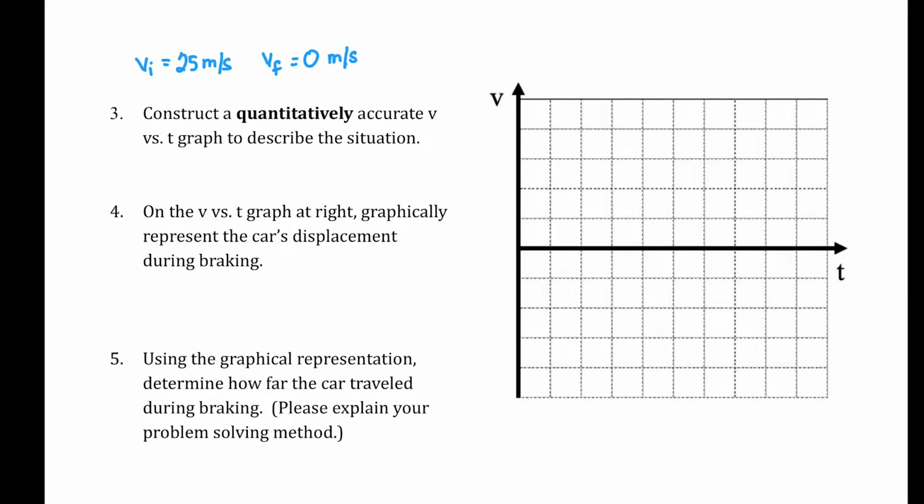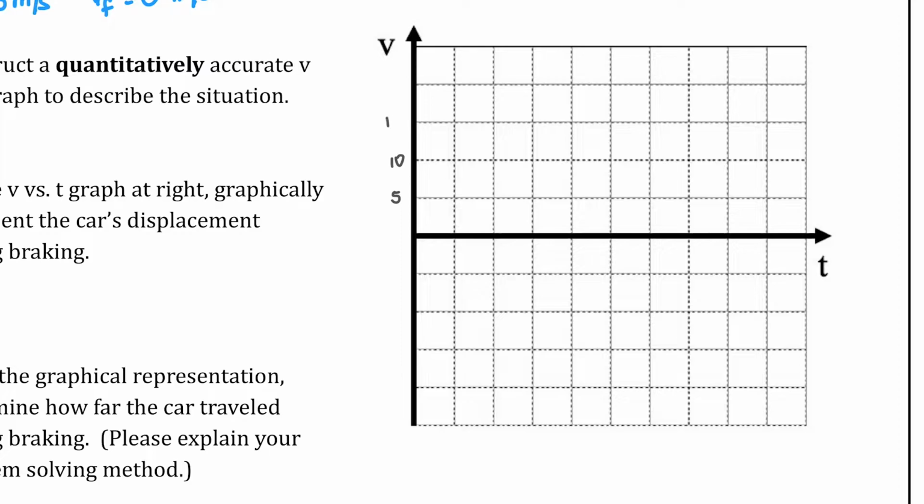I think during class, people mentioned that they wanted to go up by 5s. So this is 5, 10, 15, 20, 25, and we'll go 0, 1, 2, 3, 4, 5.